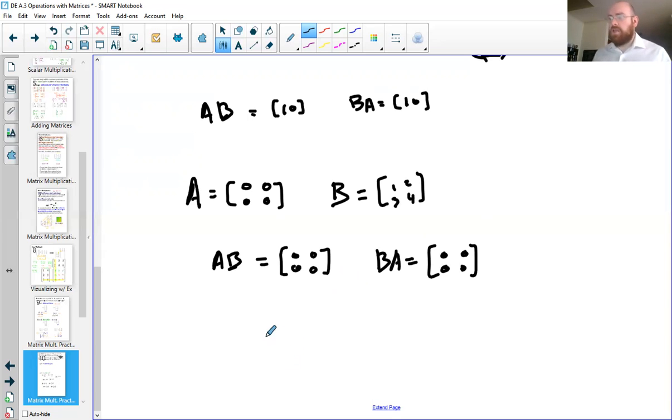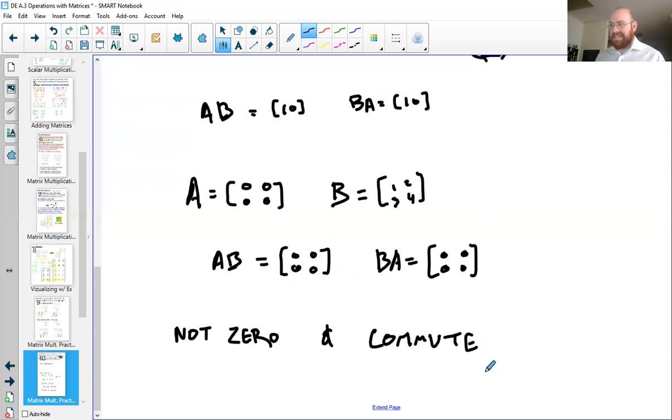The question of matrices that are not 0 and they commute is such an important topic that, in fact, it becomes its own field within linear algebra. And, well, you can certainly mean a field in a more general sense.